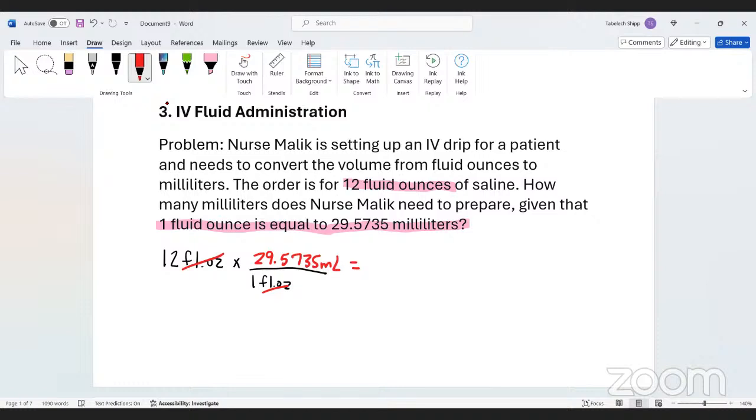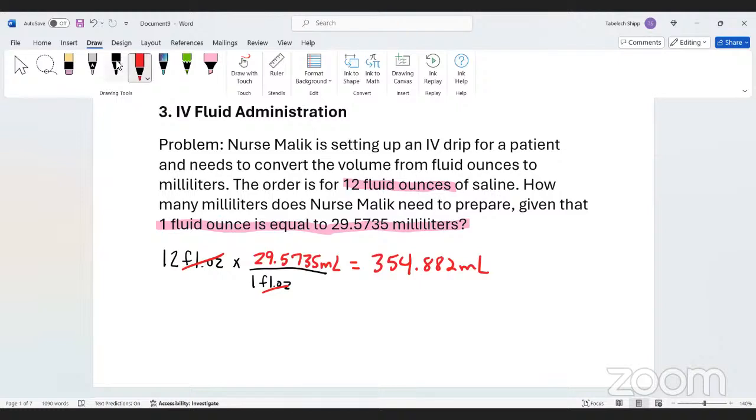So let's go ahead and multiply this number out right here. So we've got 12 times 29.5735. And that's equal to, so I'm going to write everything out, 354.882 milliliters. But remember, I want your answer in this case to be equal to 3 significant digits.